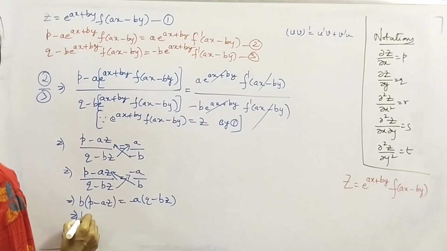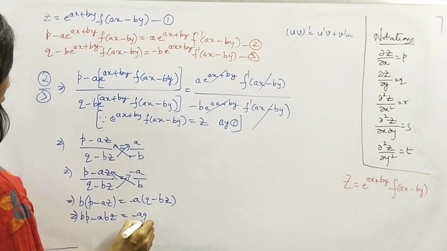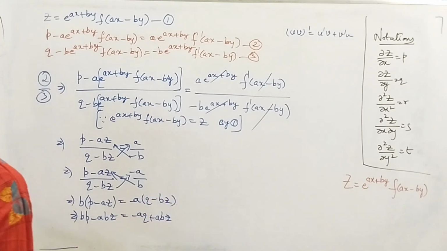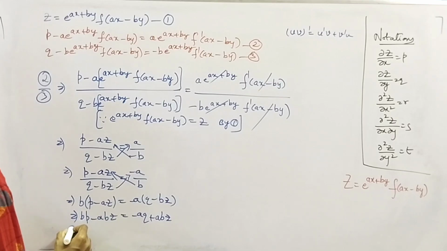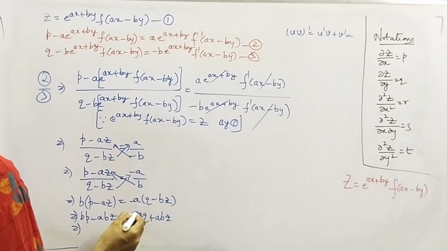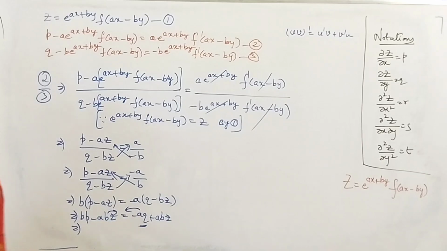This gives us bp minus abz equal to minus aq plus abz, minus into minus is plus, so you'll get plus abz, right? Now what we'll do is write the terms involving p and q in the LHS part and the terms that do not involve p and q in the RHS part. So you just need to bring this term to LHS because it involves q, and take this term to RHS, it does not involve p or q. Fine.